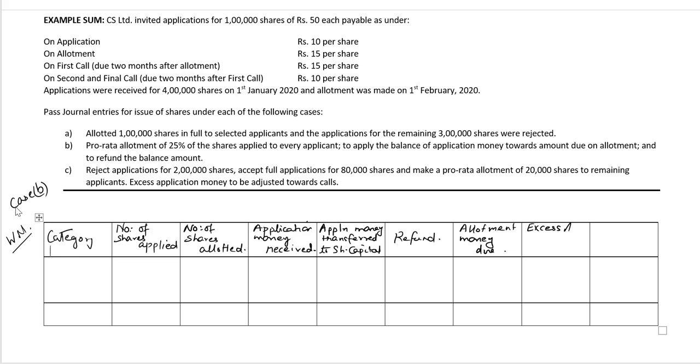Excess application transferred to allotment. And the final column, bank to allotment.